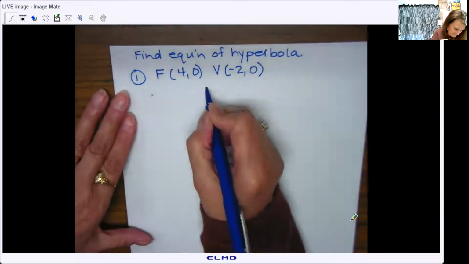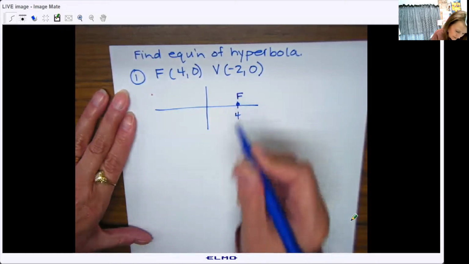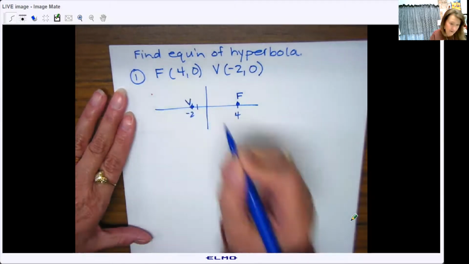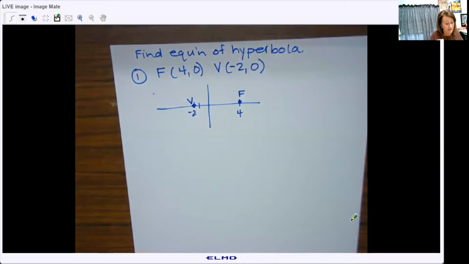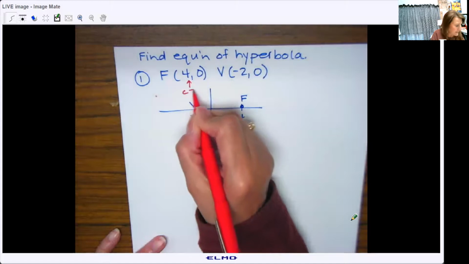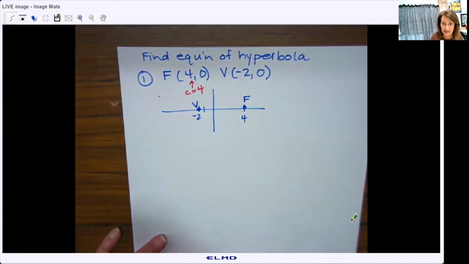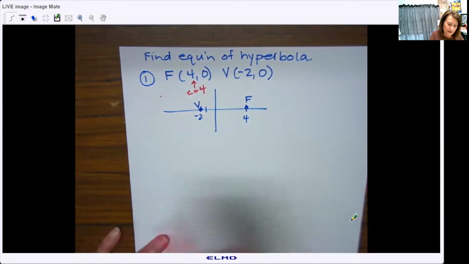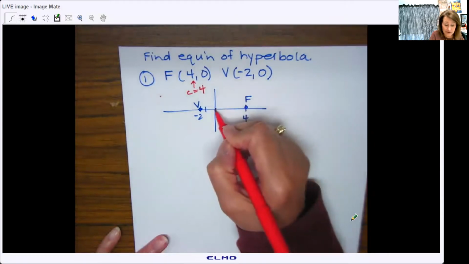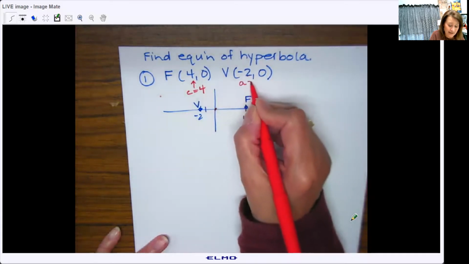All right, picture this. Focus is at 4, 0. Vertex is at negative 2, 0. Now, automatically this tells us two things. What does it tell us? This tells us that C is 4, because the distance from the center to the focus is C. The length from the center to the vertex is A. So we know A is 2.